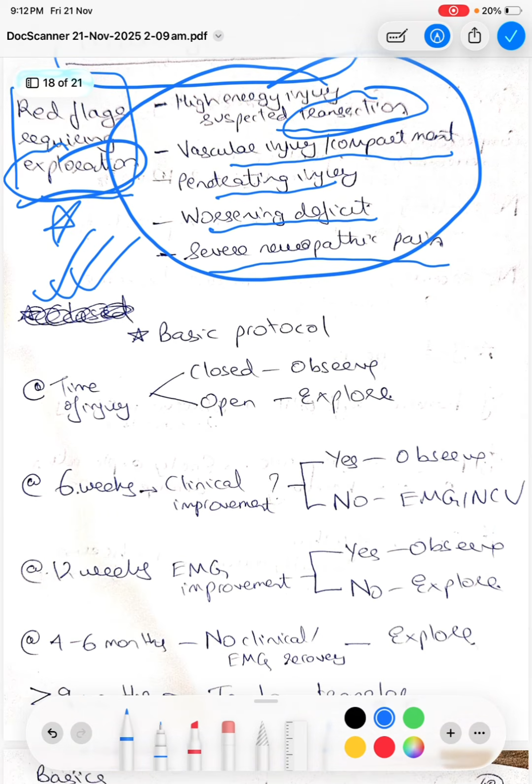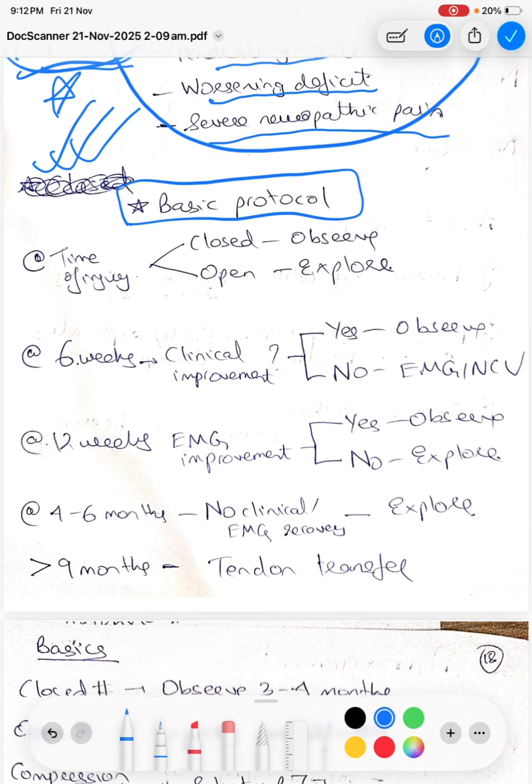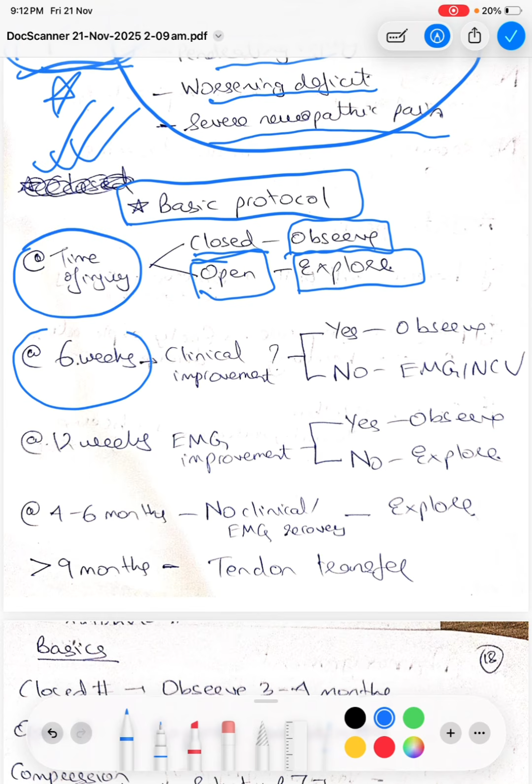Now the management protocol is very debatable, but based on the literature, let us understand the basic protocol. At the time of injury, if it is a closed injury, usually you go for observation. If it is an open injury like a compound injury, you go for exploration. Okay, so this is the basic protocol. Now at 6 weeks post injury, you check for clinical improvement.